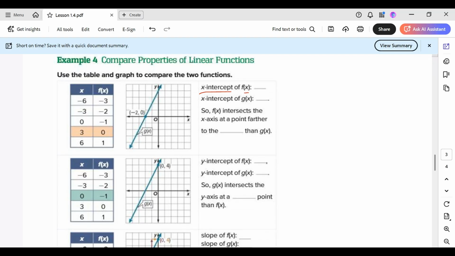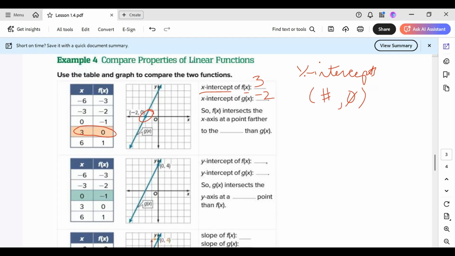So they've highlighted, remember, x-intercepts are always going to be a number followed by 0. A number followed by 0. So our x-intercept is located at 3. Compared to the g of x, which is located at -2.